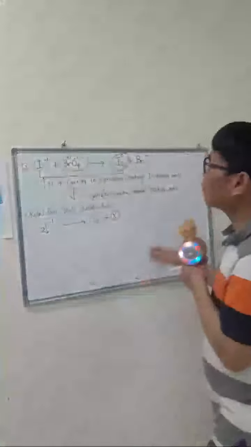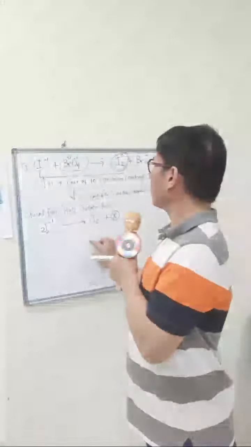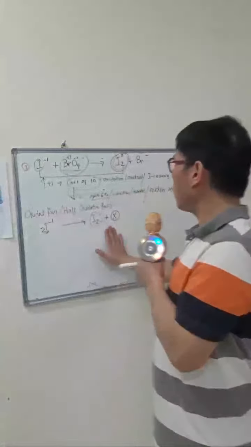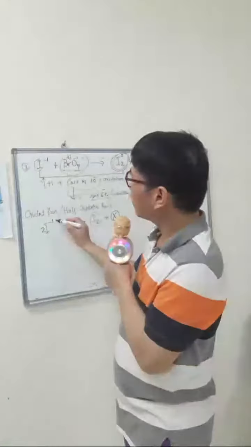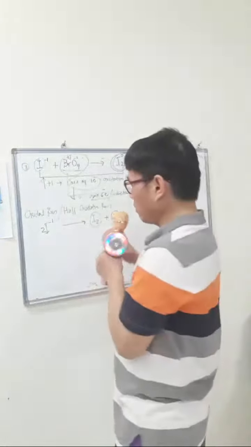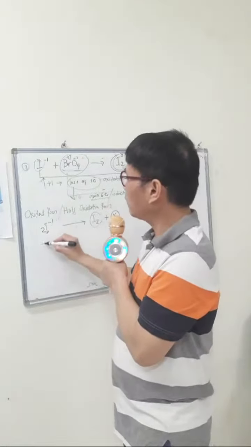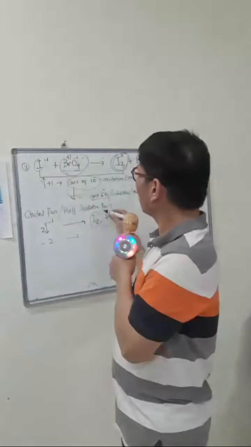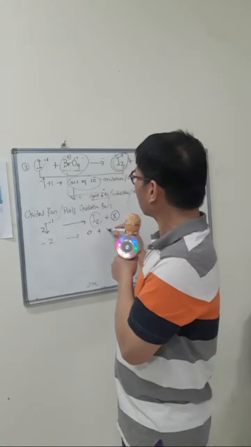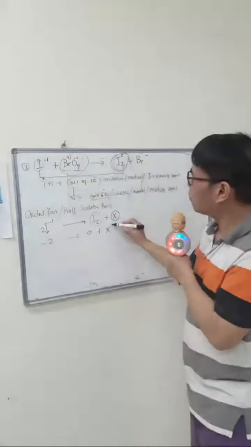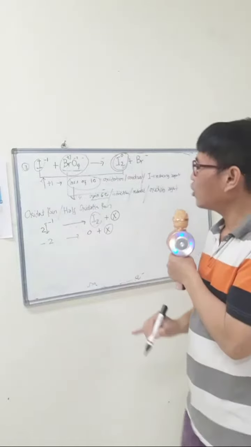Here, 2 iodine balance, I2 balance, 2 atoms both, and then electrons. 2 times negative 1, balance the charges, negative 2. Here, iodine is 0. So 0 plus x. X is our number of electrons to be solved. Algebraic type.